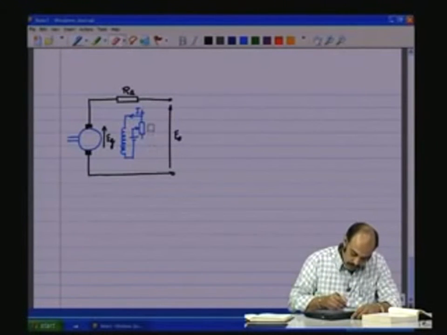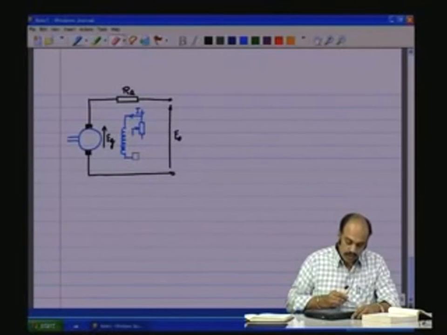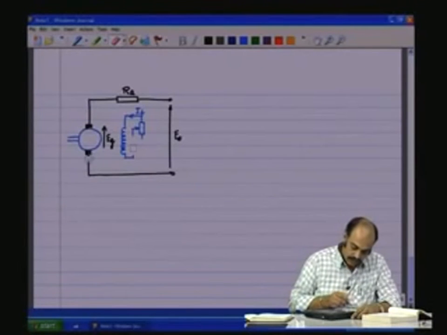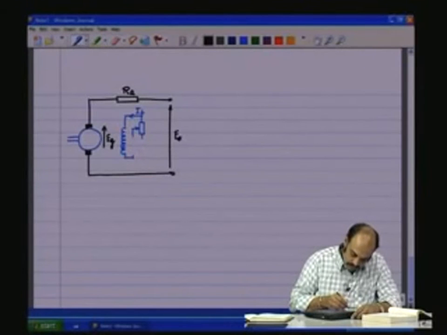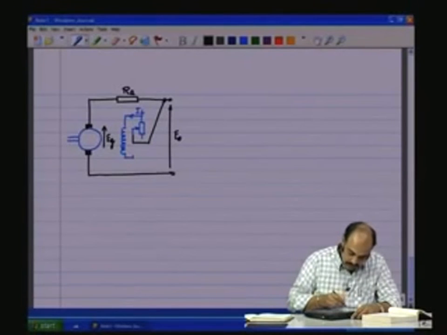So, what do we do here? This we break. The source is no longer a separate excitation. We give it from the terminals of the generator, like that.